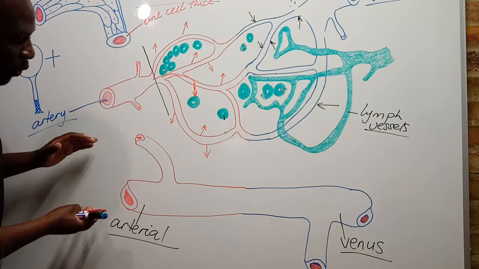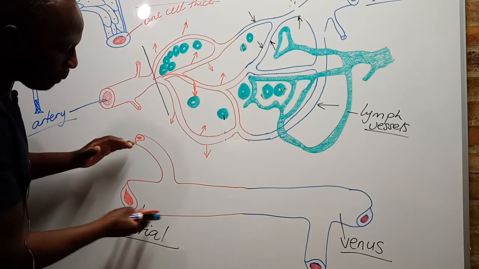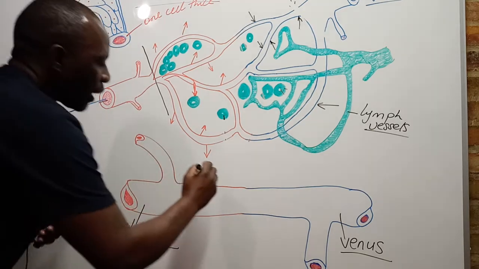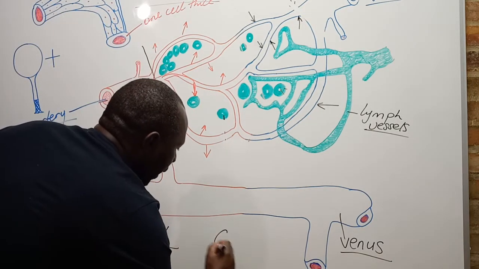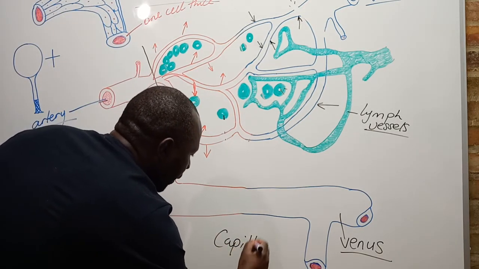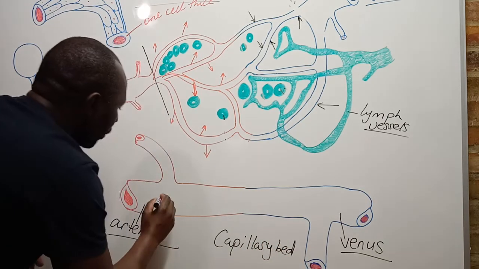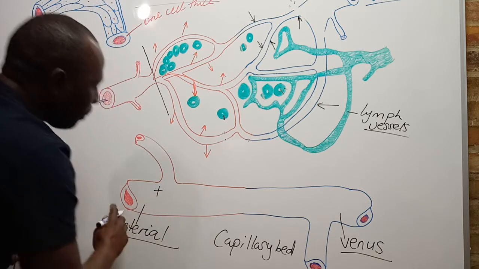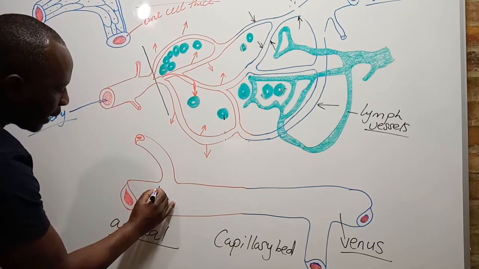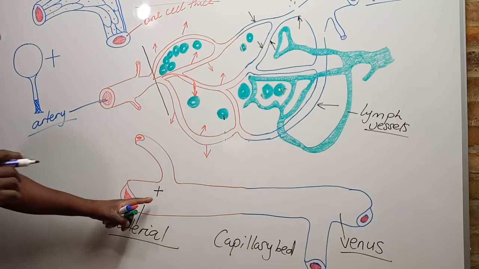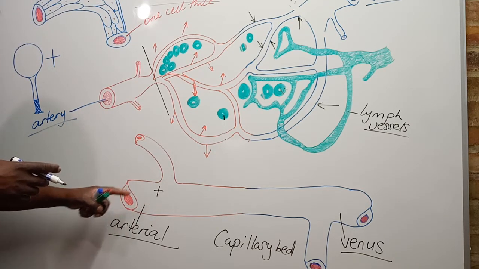Okay, so blood comes in high pressure this side. So this is basically a capillary bed. Okay, this is a capillary bed. Okay, so we have got high pressure. I've indicated negative, so I've indicated positive. So we have got high pressure this side.